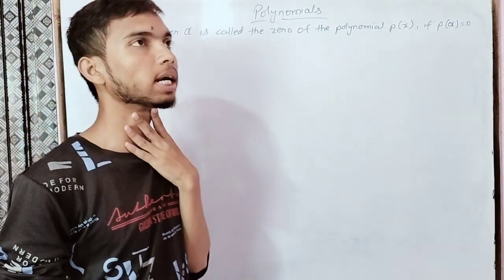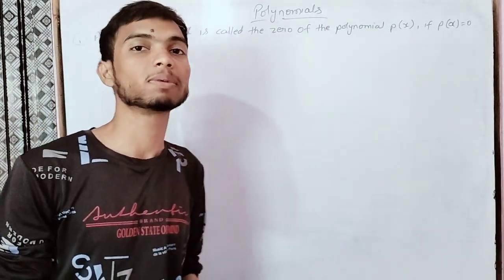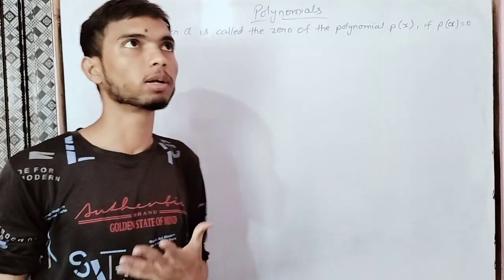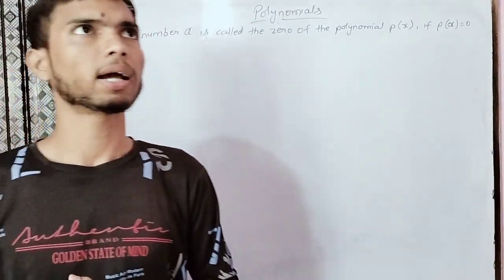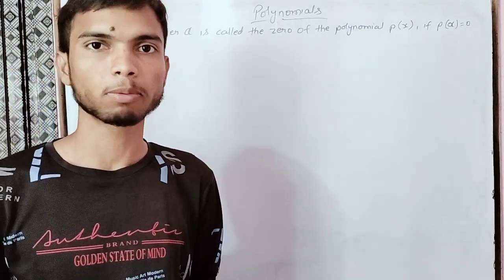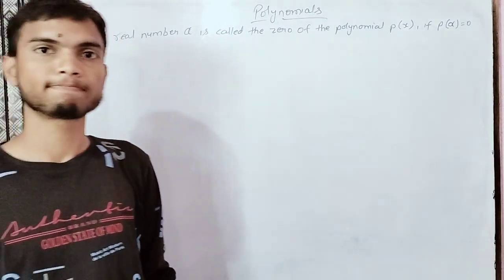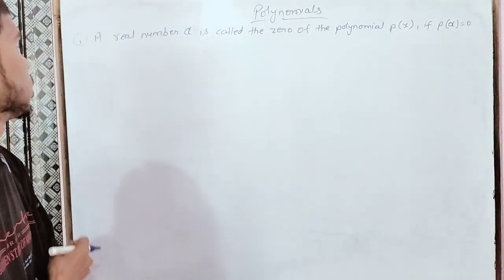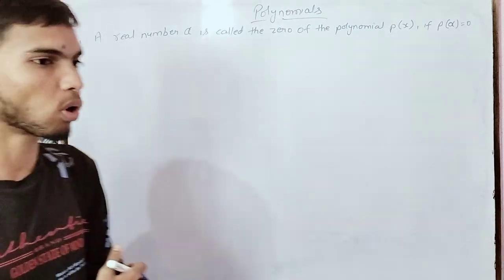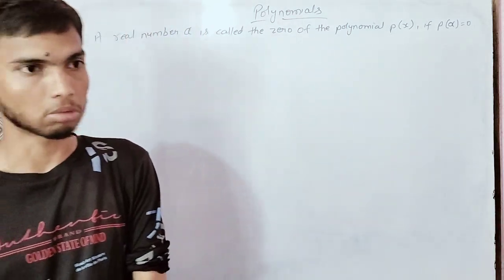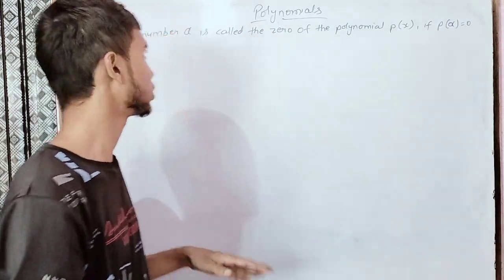This is a statement, and what is the statement saying? It is saying a real number. A real number can be a rational number, irrational number, natural number, whole number, integer, all this. So a real number alpha can be rational or irrational.